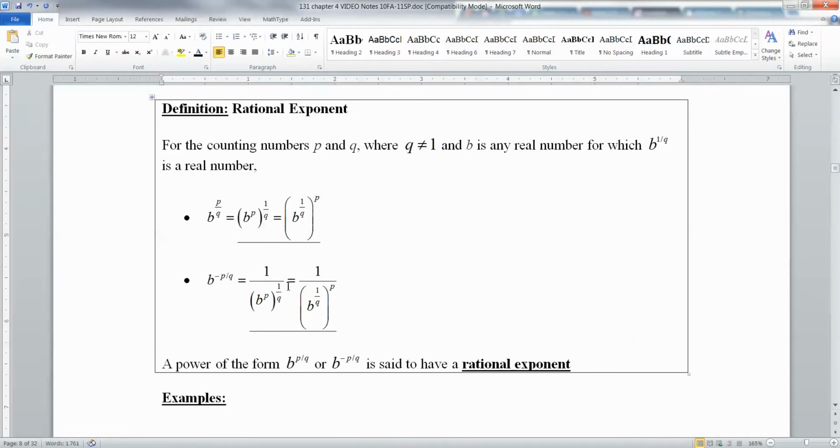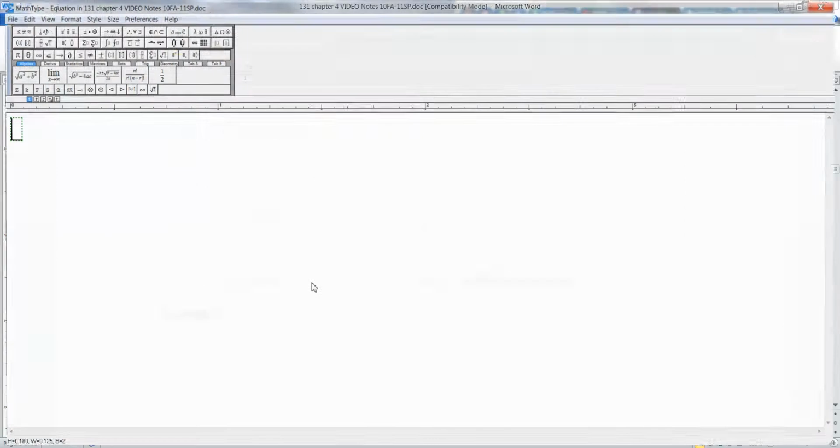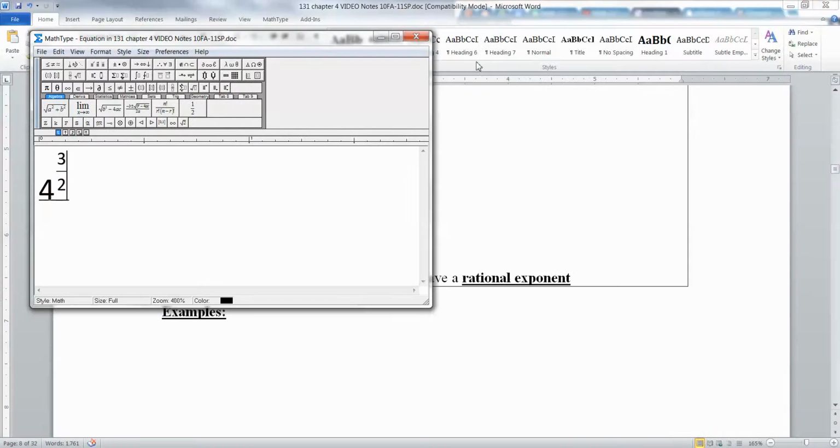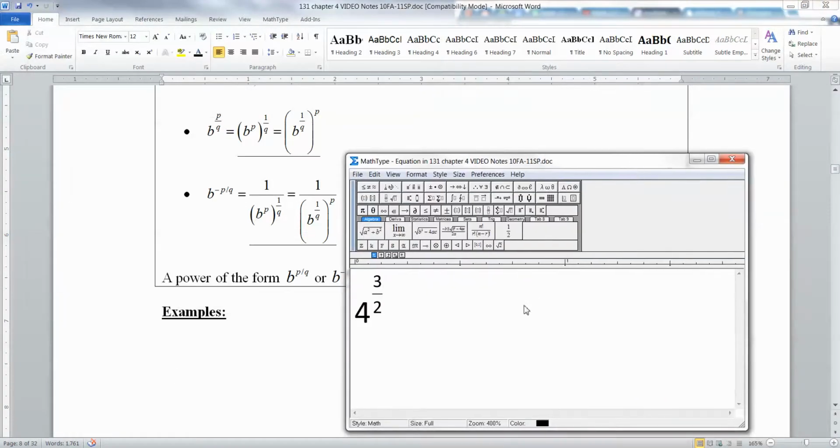Because I think with b's and p's, it's all confusing. So what if I had, let me think, 4 to the 3 over 2. What I'm telling you with this is that you can break this up two ways. I'm going to show you both.